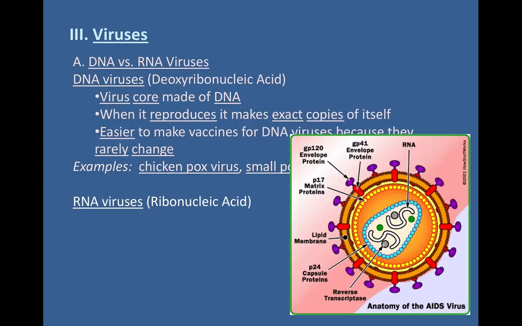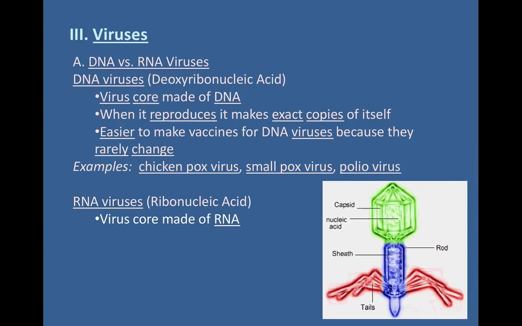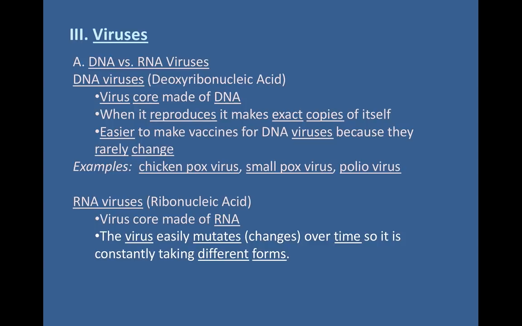All right, now an RNA virus is a different story. RNA stands for ribonucleic acid, and an RNA virus has a virus core that is made of RNA instead of DNA. Now, the tricky thing about these is that this kind of virus very easily mutates over time.